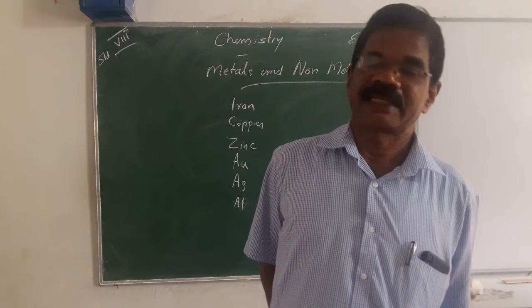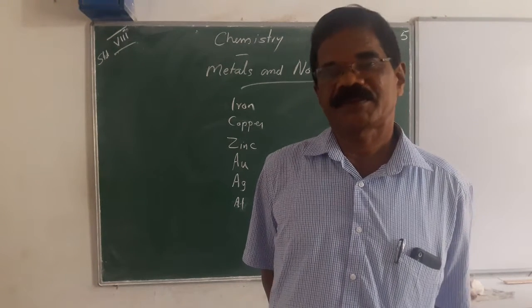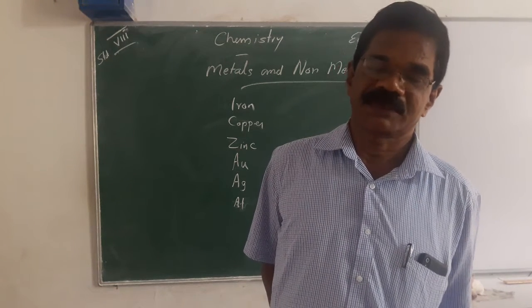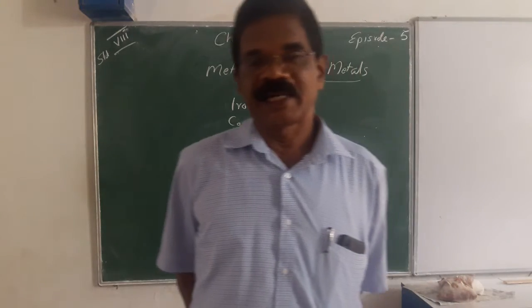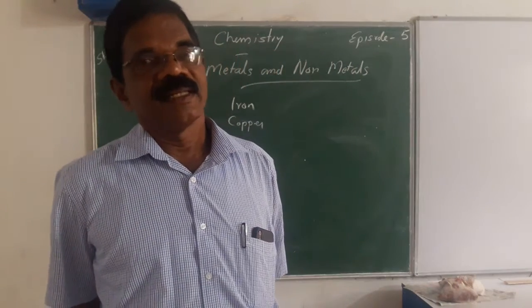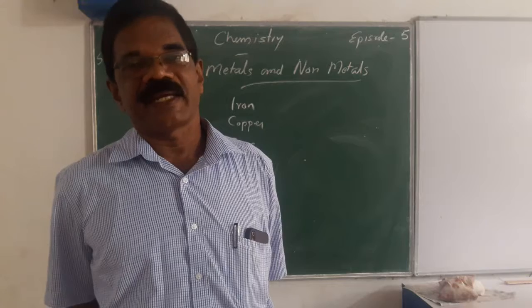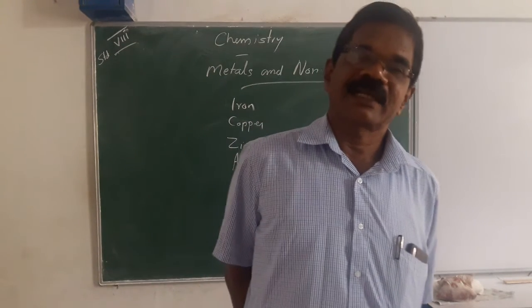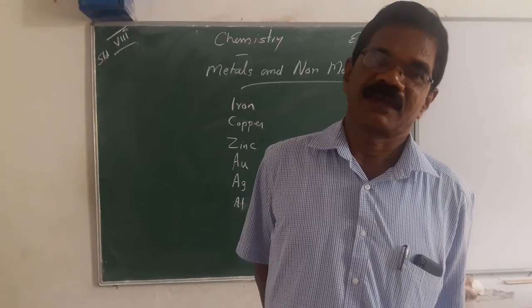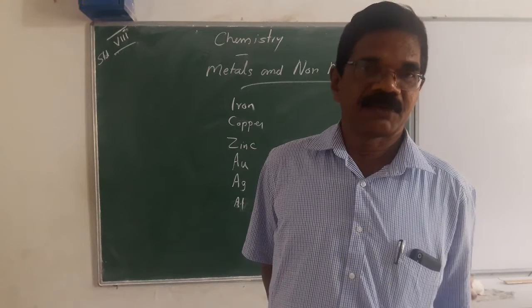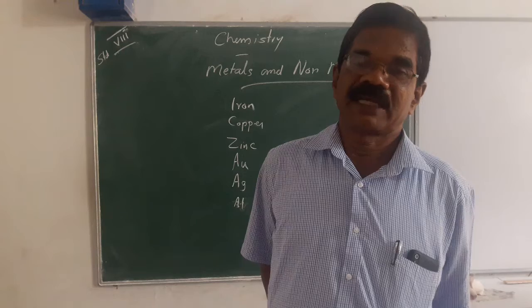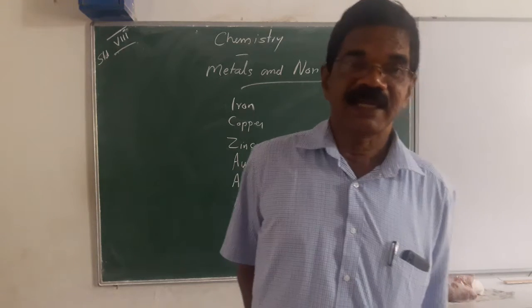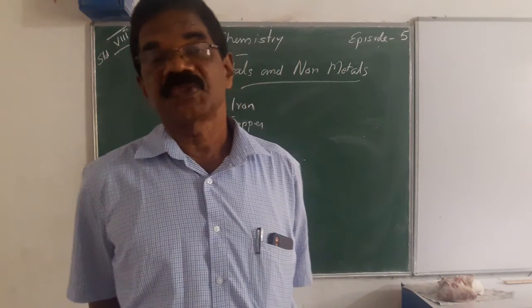The compounds of the metals found in the earth are called minerals. From the minerals we produce metals. That mineral is called ore. Now we can study some of the physical properties of metals as well as non-metals.